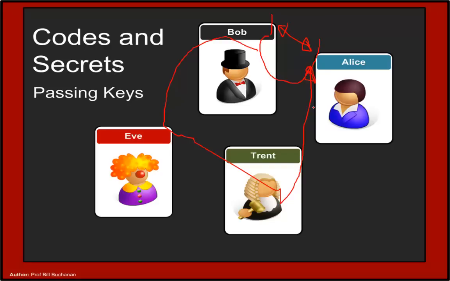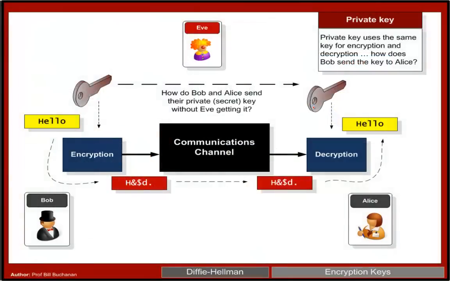And this is the general problem of being able to pass keys between Bob and Alice. So those keys might relate to a session key. So every time that Bob and Alice connect, we can generate a new key, or it could be a long-term key. So the problem that we have is how does Bob send Alice the key so that we can use a private key or symmetric key encryption system.